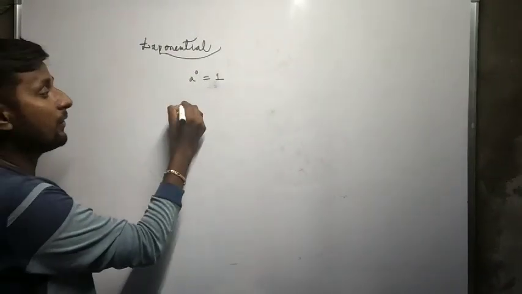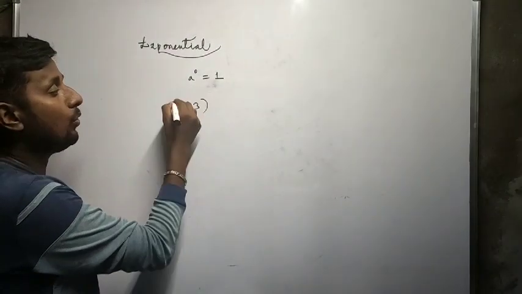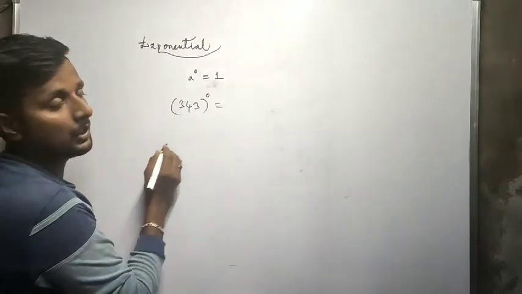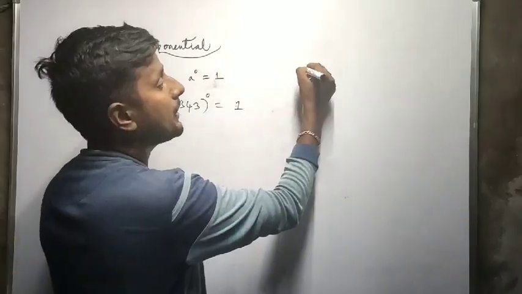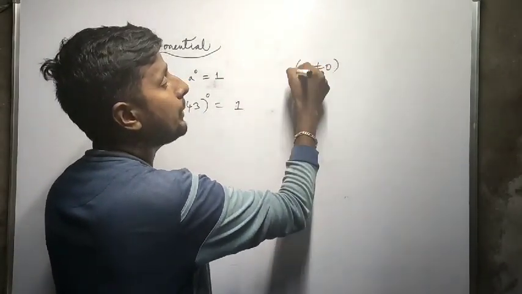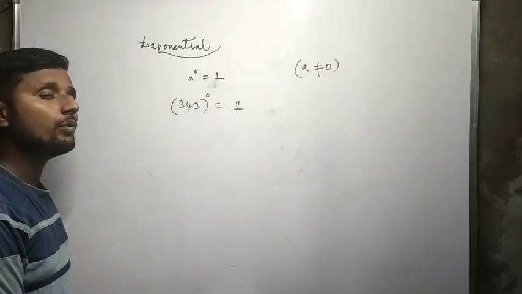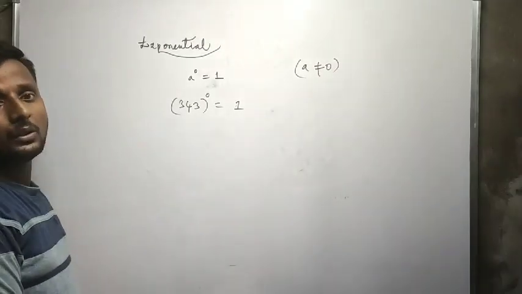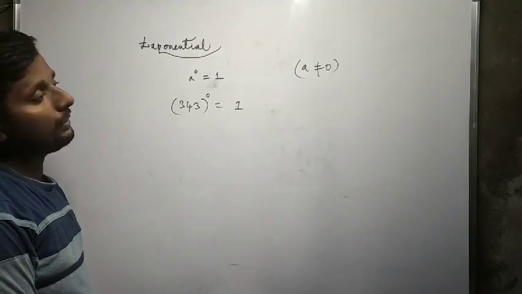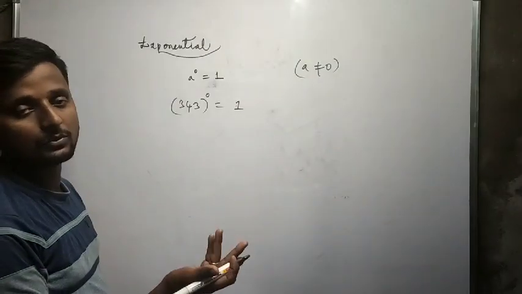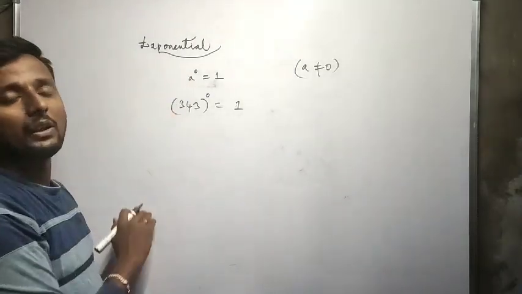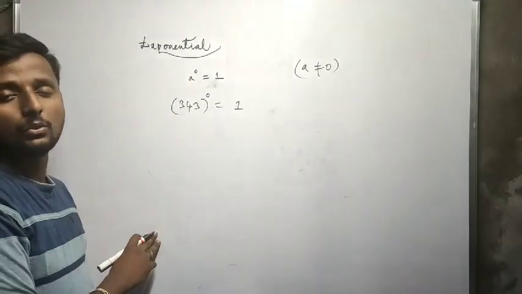That means 343 whole power 0 is equal to 1. Here there is a condition: a value must not be 0. Other than 0, if you take any positive real number, we can write it as 1. You can write negative numbers also, but it is better to go with positives.